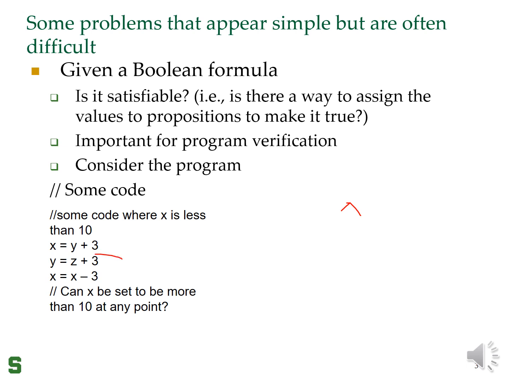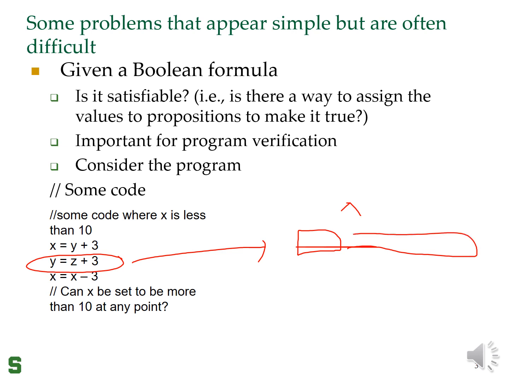Then I have the third line, y is equal to z plus 3. So this will require me to introduce one more variable, y double prime. Now what is y double prime? It's going to be set to z prime plus 3. Z double prime and x double prime will remain unchanged.